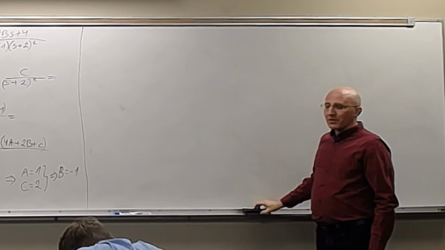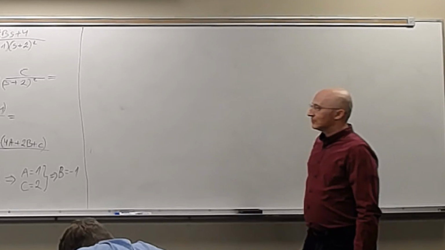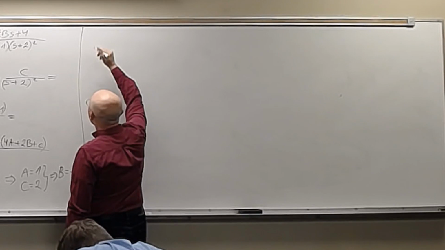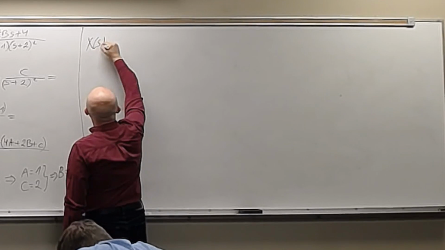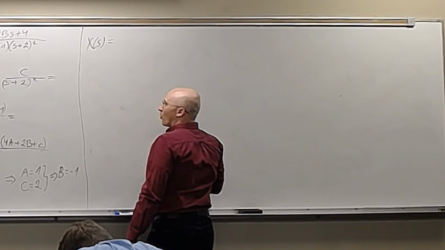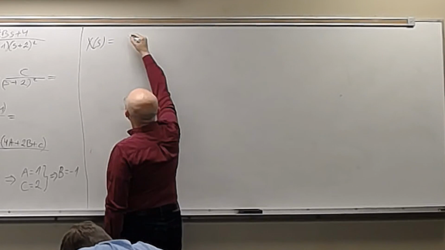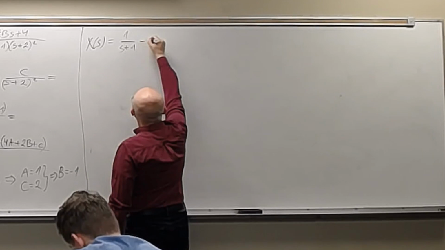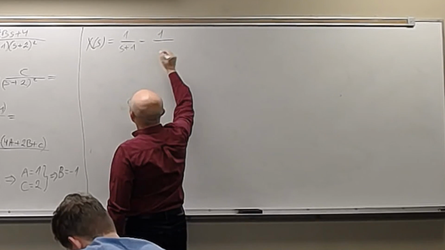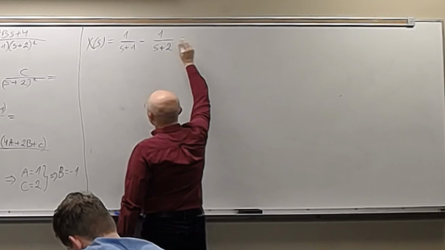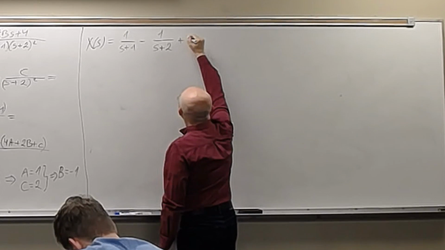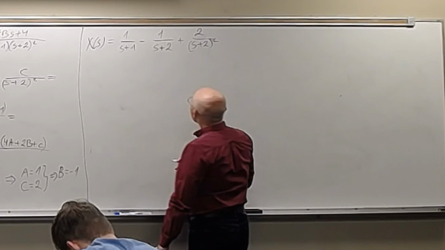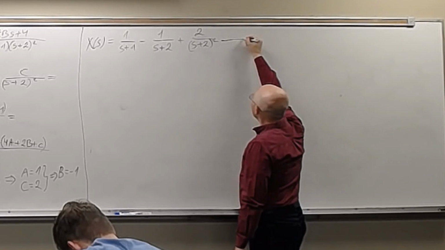Now, don't forget the last step, which is putting it all together and finding the actual transform. Partial fraction expansion is fine, but you need to find the inverse transform. So you have a, which is 1 over s plus 1, b, which is -1 over s plus 2, and then plus 2 over s plus 2 squared. And then you're finding the inverse Laplace transform.